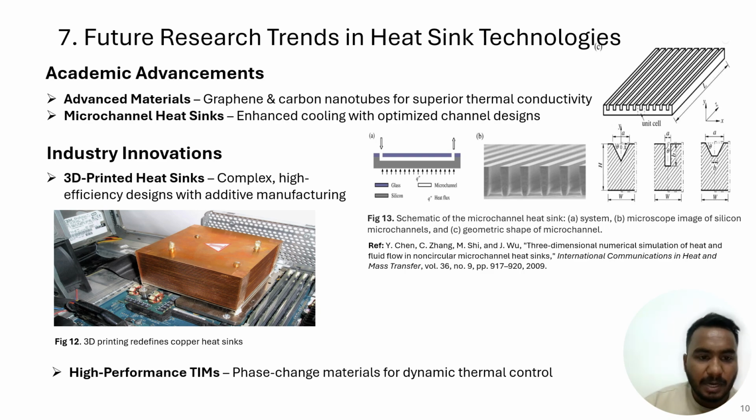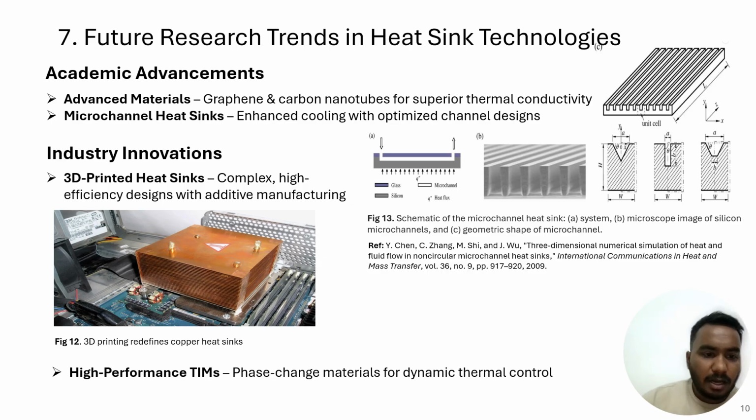In this academic advancement, there is graphene and carbon nanotubes, that is ultra high thermal conductivity materials for efficient heat dissipation. And the second one is microchannel heat sinks, that is tiny fluid channels that increase surface area for better cooling, ideal for high powered electronics.